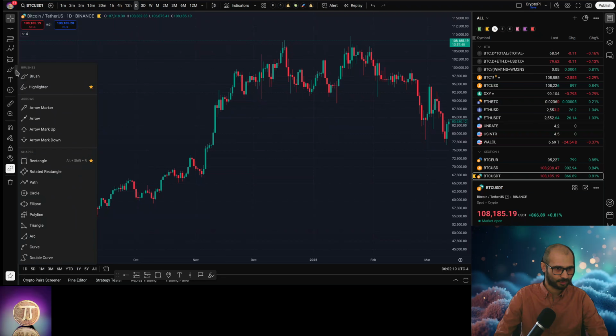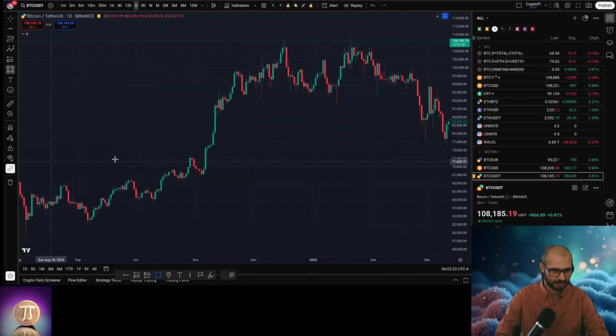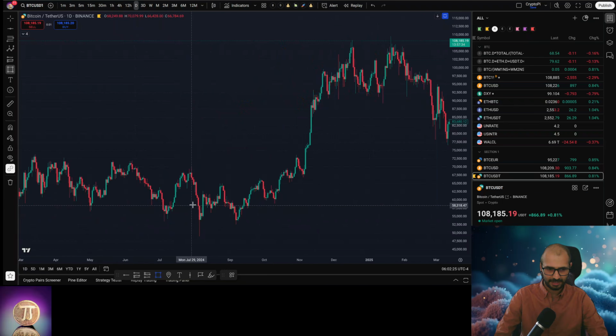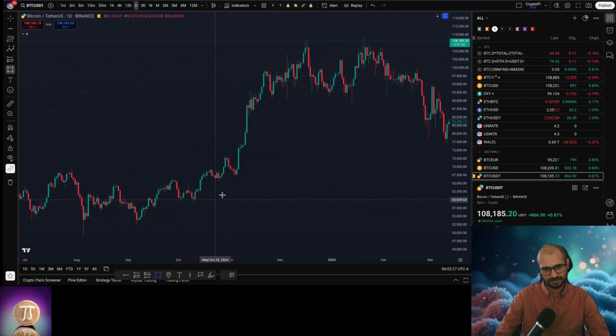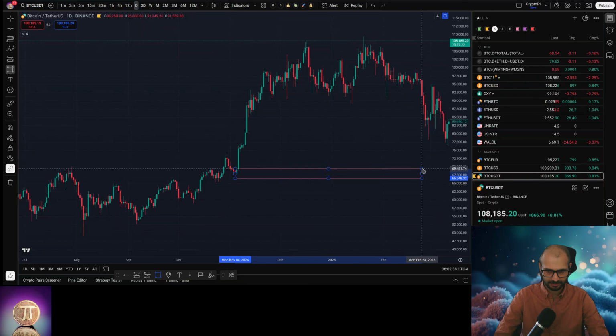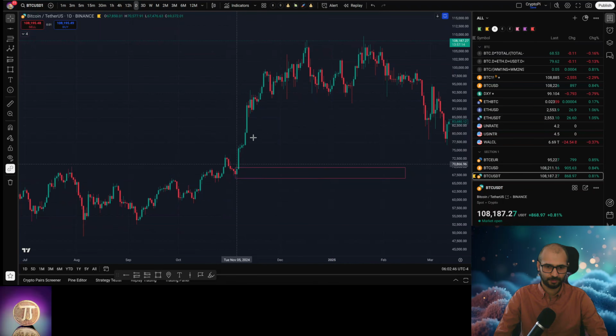Of course, there are some drawing tools which help. For example, here I have the rectangle as one of my favorites, and I use it to identify or mark order blocks. So for example, here this red candle before the rally.